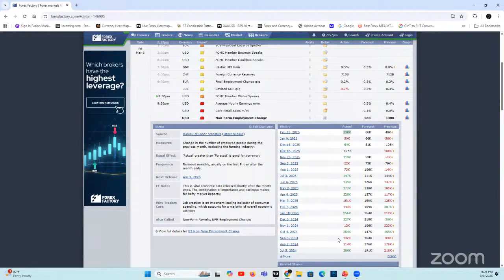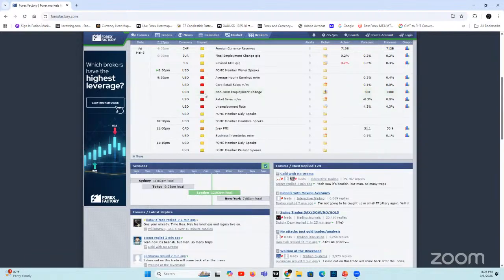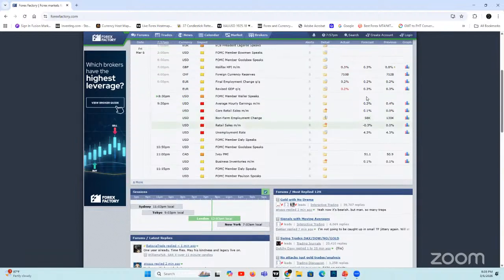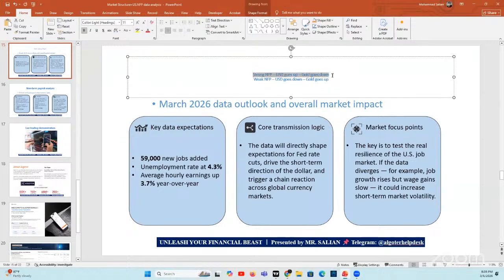Where is this forecast? It's there, 58,000. So this is what you are looking for now. Strong NFP, I want to know where gold is going.